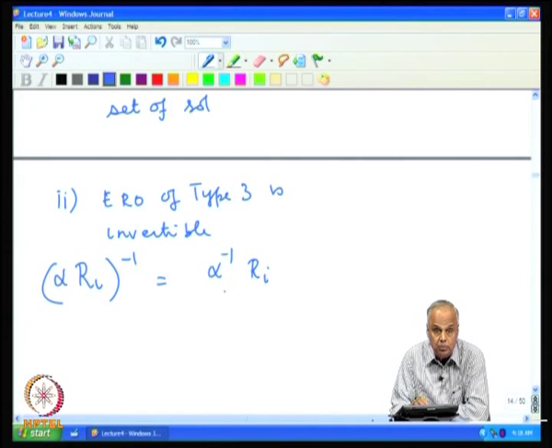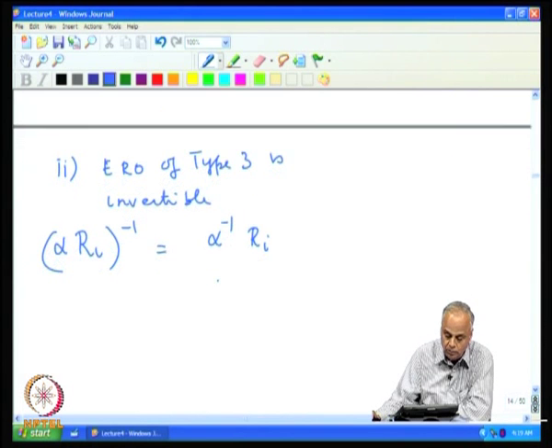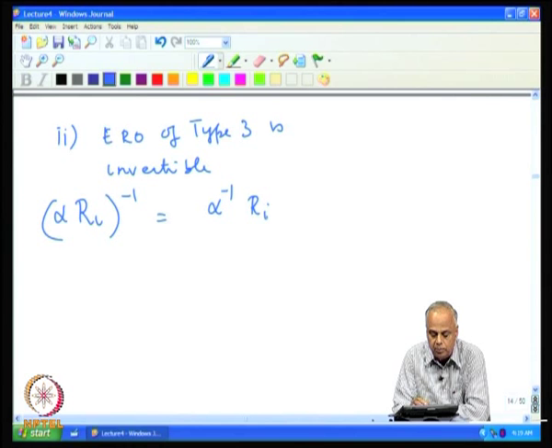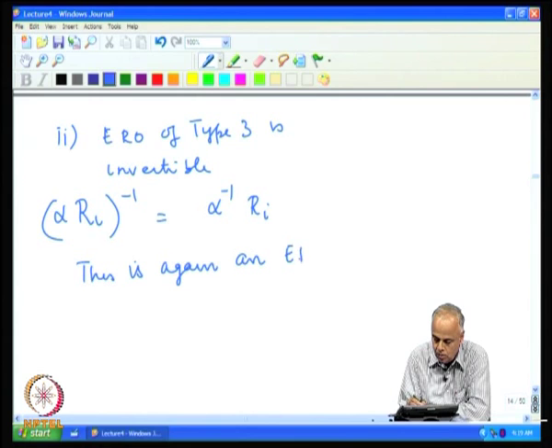That is why it is important to state in the elementary row operation type 3 that it is multiplication of a row by a non-zero alpha in F. So, the ERO of type 3 is again an ERO of type 3 because it is again multiplying the ith row by some number.